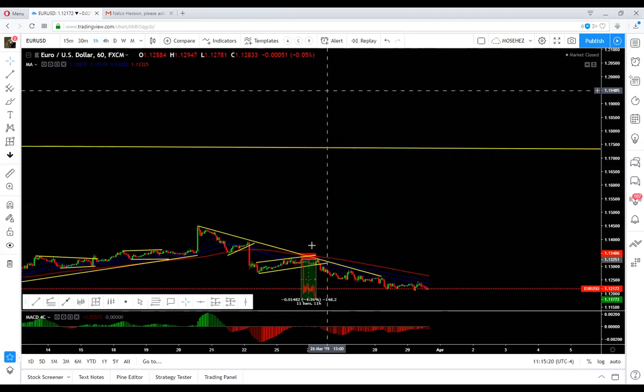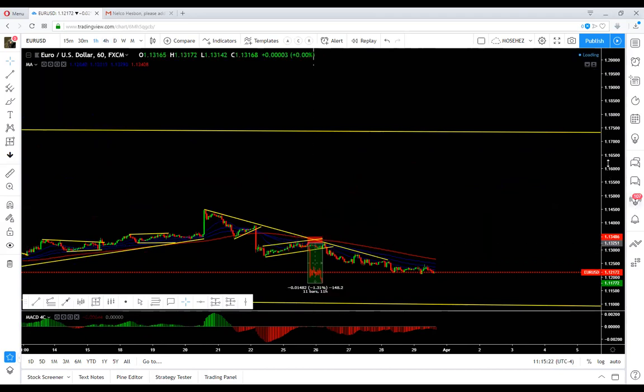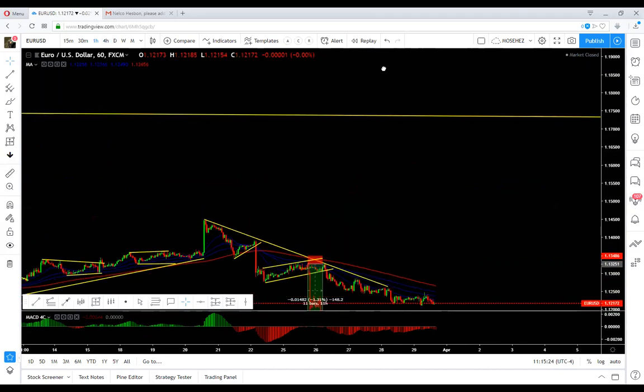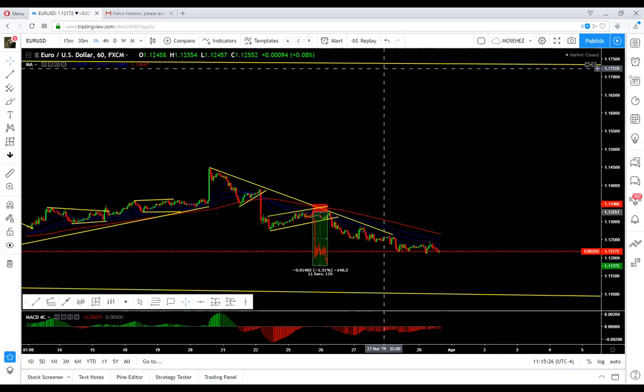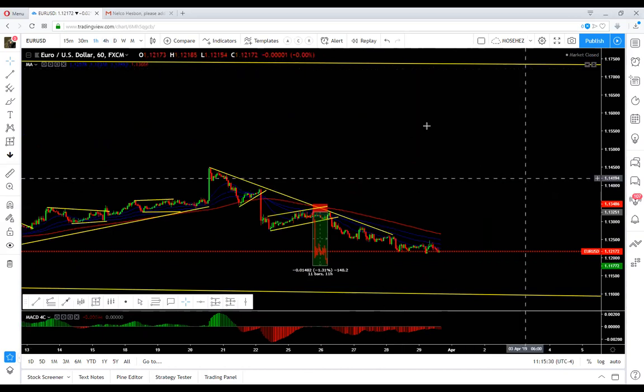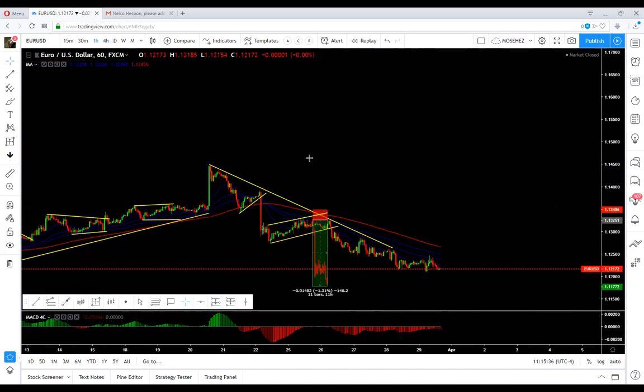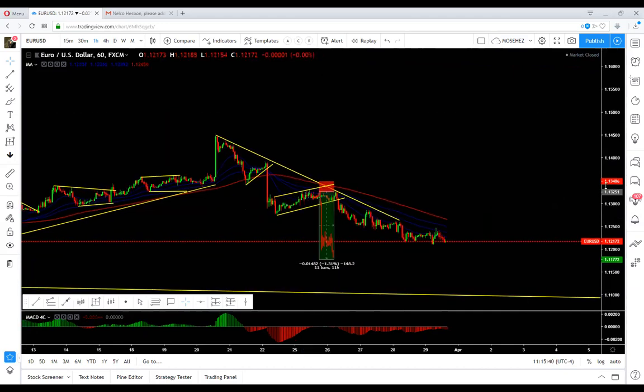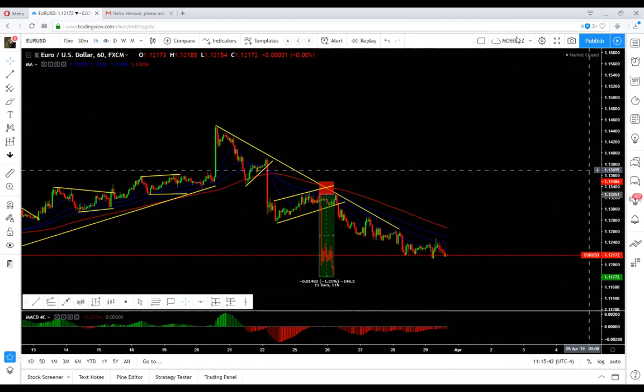So we entered at this particular point. I don't know if you're still holding, because it was not moving as we had expected. So Edwin, are you still holding? But this was a good trade.